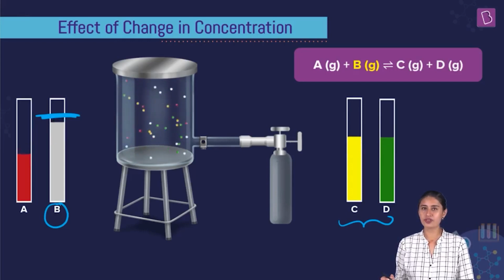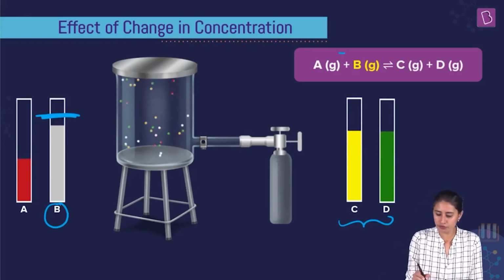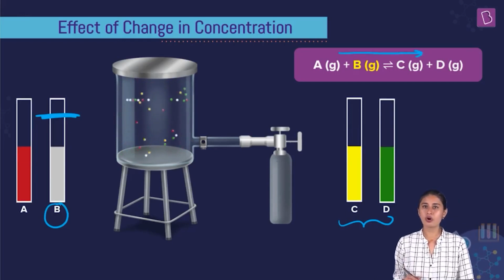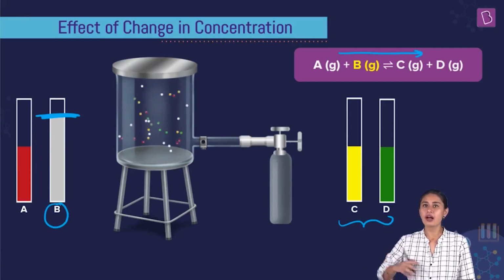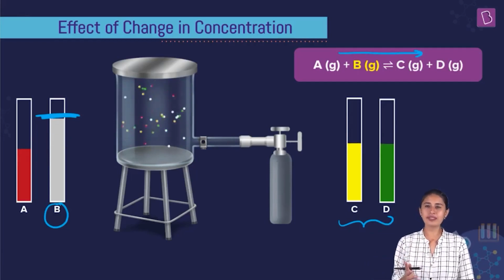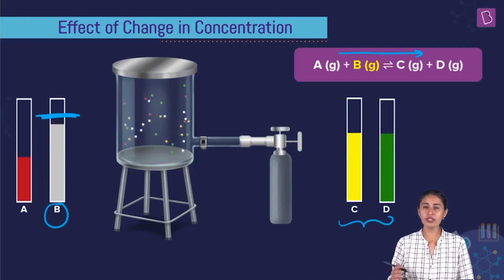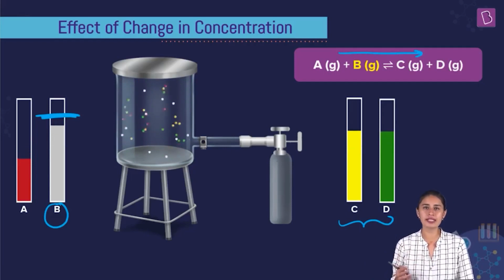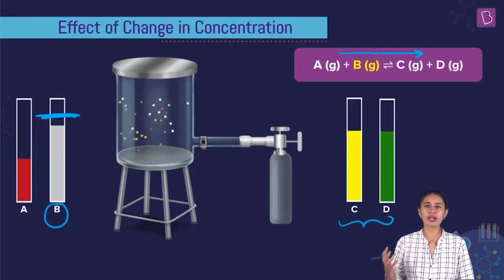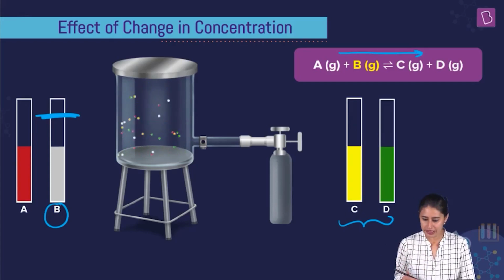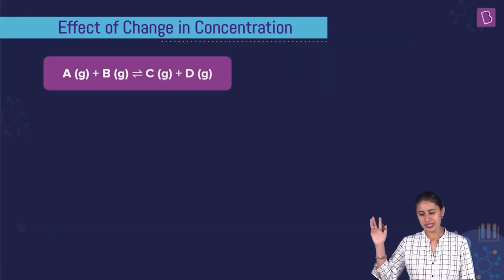The concentration of C and D increases. The reaction has gone forward. So on increasing the concentration of any of the two reactants, the outcome is common: the reaction has gone forward and the yield of the product has increased, as more product has been produced, right?